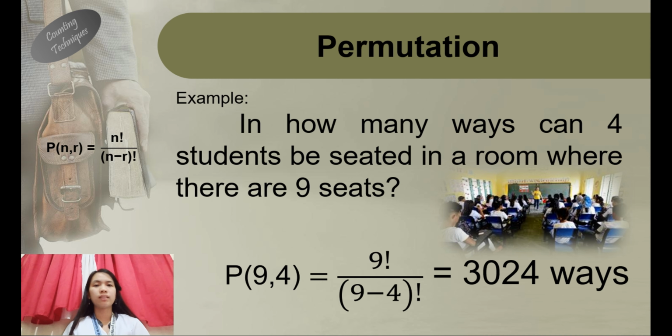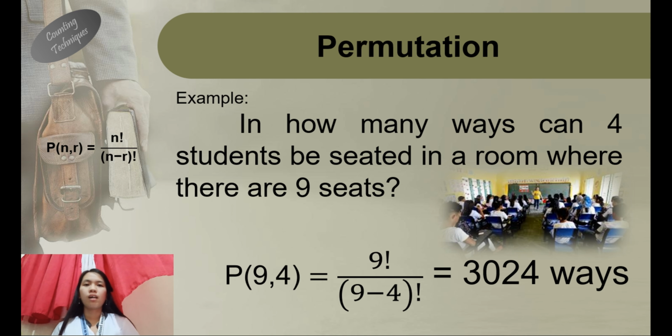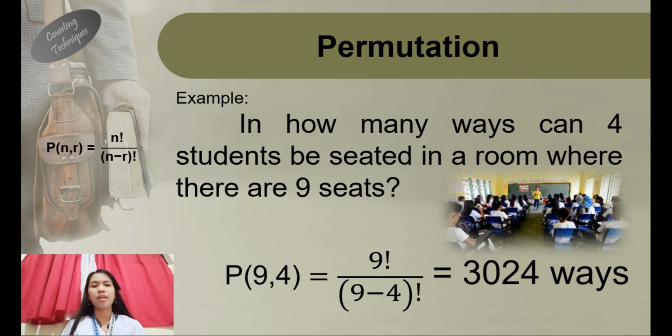We just have to cancel or eliminate 5, 4, 3, 2, 1 on the upper part. Then we have now 9 times 8 times 7.